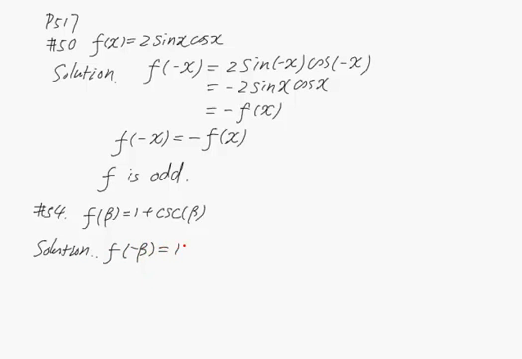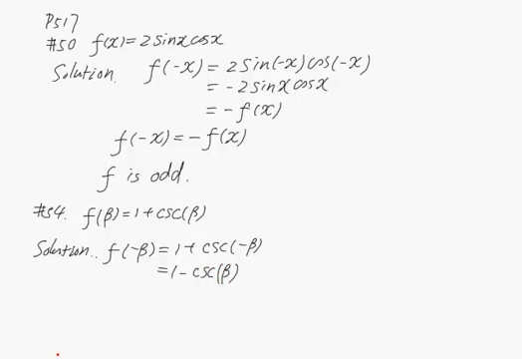So it's equal to 1 plus cosecant of negative beta. Tell me, is the cosecant function even or odd? Odd, right? Because cosecant is 1 over sine, and sine is odd, so is cosecant. So this is equal to 1 minus cosecant of beta.